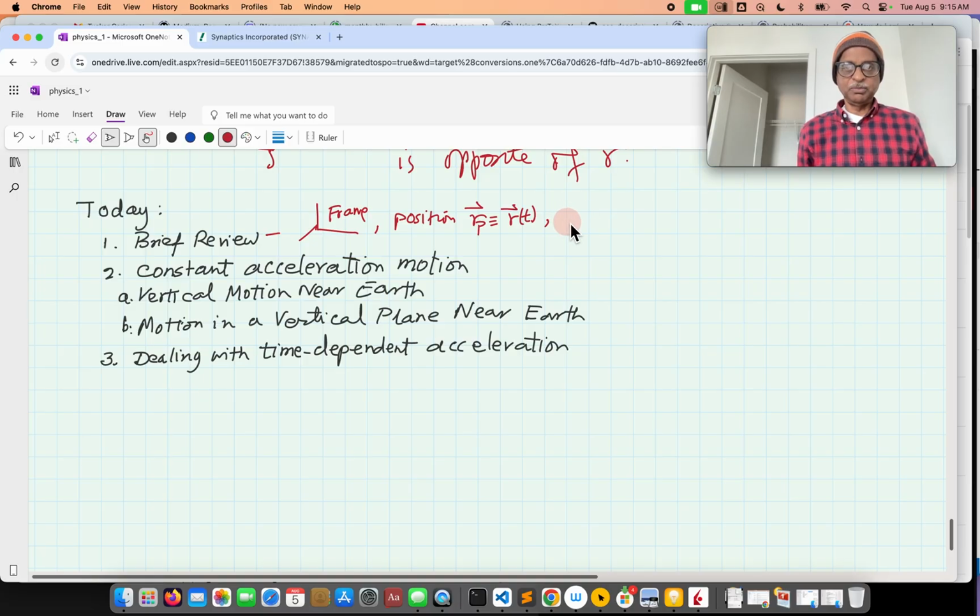Then we did what's called displacement, delta r, which stood for rQ, a little bit later, minus rP, which is r at t plus delta t minus r at t.